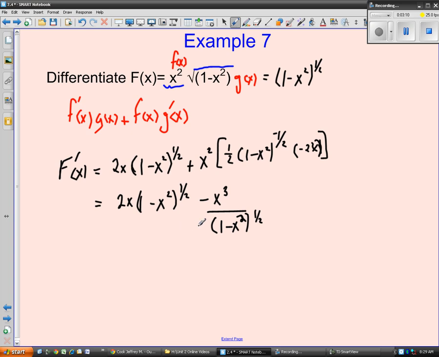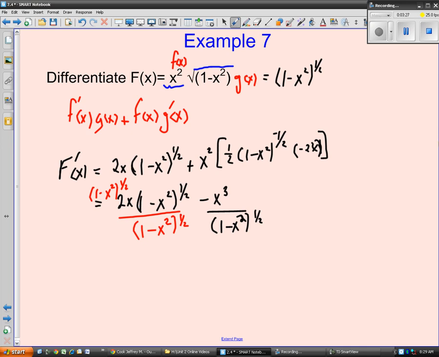So I need to get a common denominator. I have to multiply this side over here by my denominator of 1 minus x squared to the 1/2, top and bottom. Remember, this is just multiplying by 1, so it doesn't change the problem, it just changes the look of it.